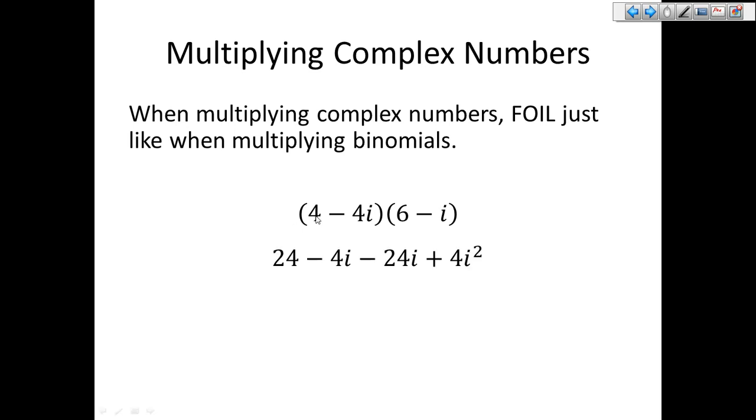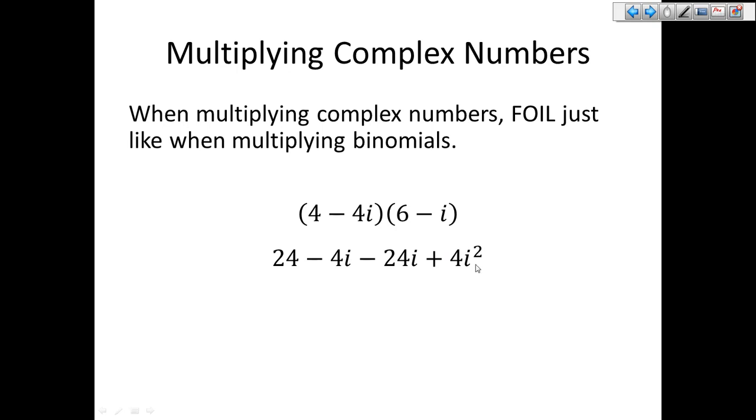Well, first, that is 4 times 6 gives me a 24. Outside gives me minus 4i. Inside gives me minus 24i. And last gives me a plus 4i squared.